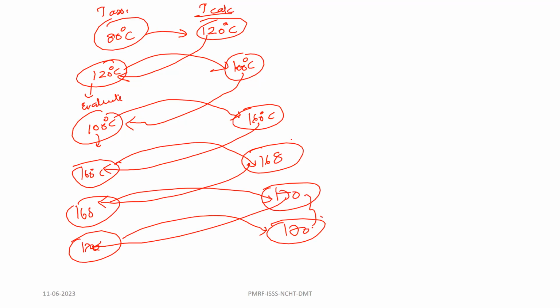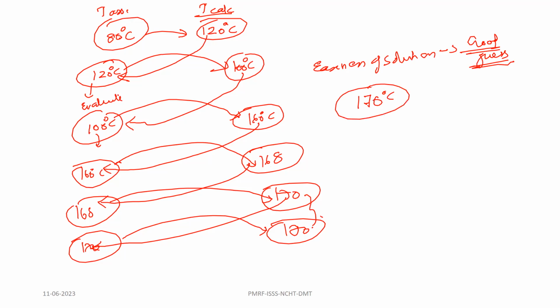So this is an iterative procedure. The easiness of your solution starts with a good guess. If I had started with 80, I would have got 170, but I already know the answer, so I started with 170 degrees Celsius. When two successive values are similar, you can take that value.